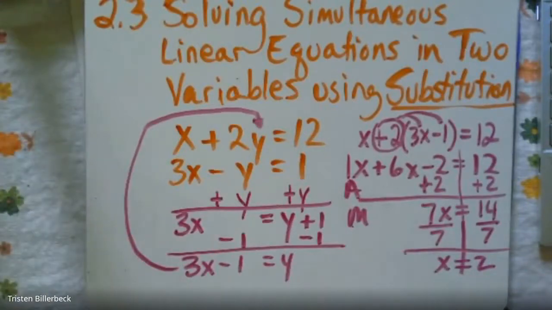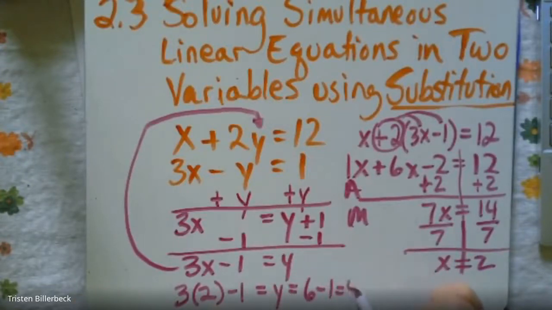And now that we have x equals 2, we can substitute it back into here. So we have 3 times 2 minus 1 equals y. So that's 6 minus 1 equals 5. So our answer to the problem, and it's always in x comma y notation, is 2, 5.